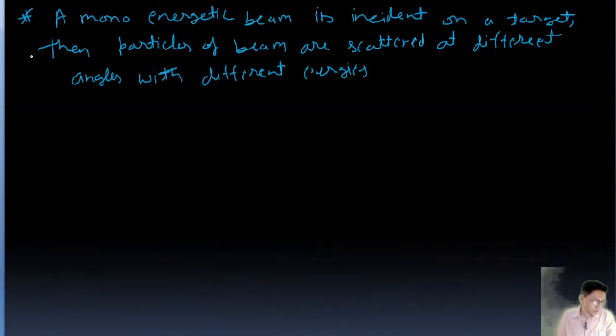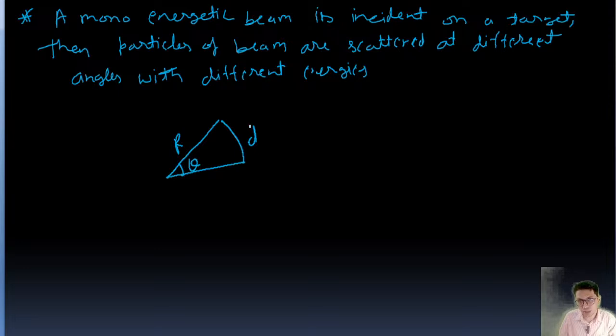Here we know these angles. If this is r, this is theta, and this is going to be r d theta. So there is a solid angle as well in a similar way.